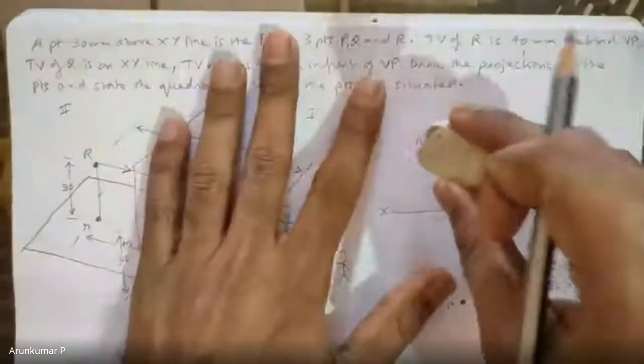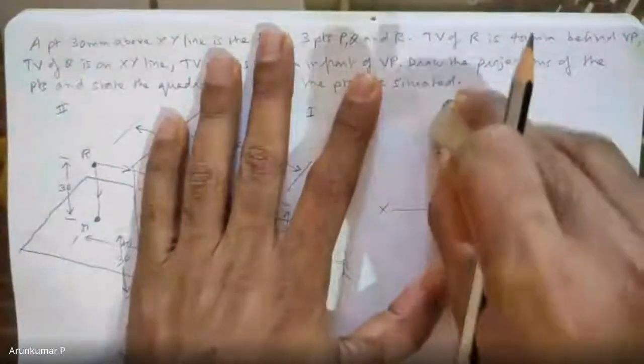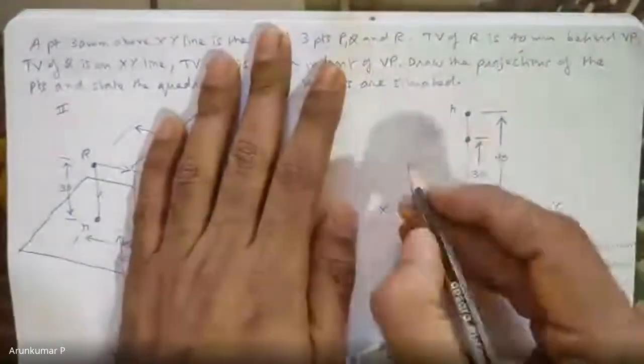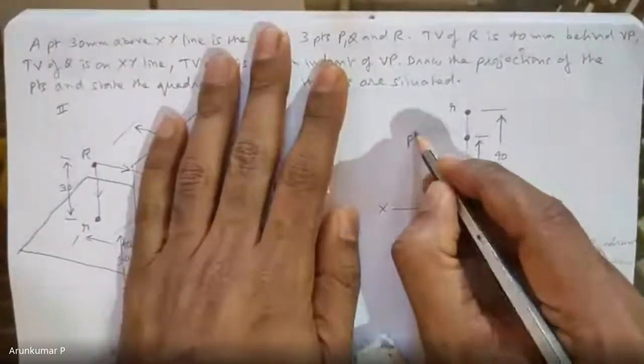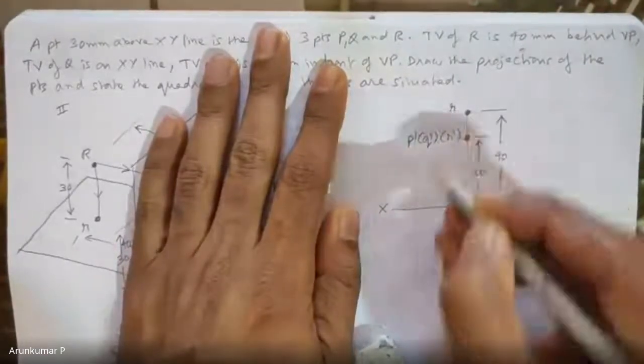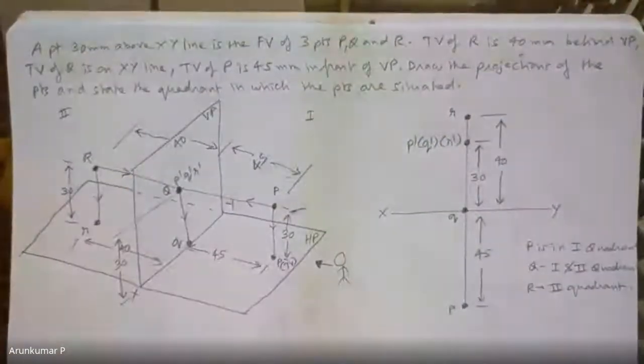It is not very clear, I'll write it once again. So P dash, then Q dash in bracket, then R dash in bracket. This is how it should be written.